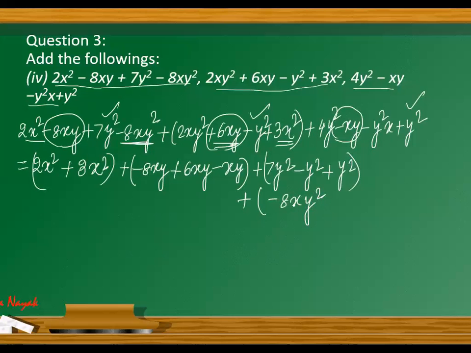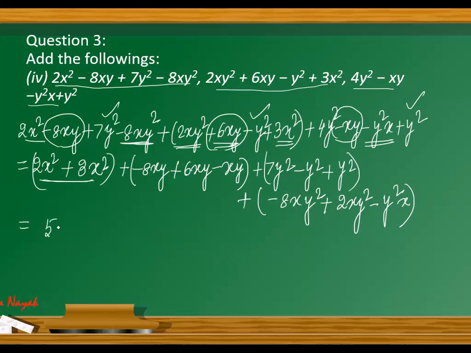Y is a square and x is free. Is there any term here? Yes, this is plus 2xy square. Is there any more terms? Here, minus y square x. Y square x is same as xy square.